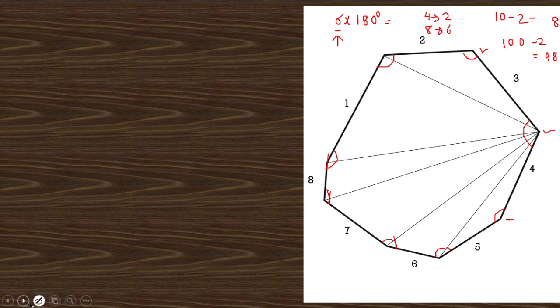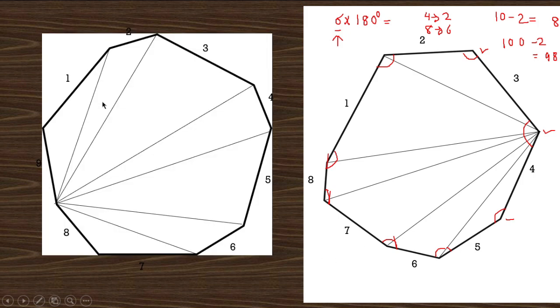Let's authenticate this also. We have one more. This is a 9-sided polygon. 1 2 3 9, and let's count them. 9 minus 2 is 7, so there should be 7 triangles. So 1 2 3 4 5 6 7, there are 7 triangles. And what's going to be the sum of all 9 angles?